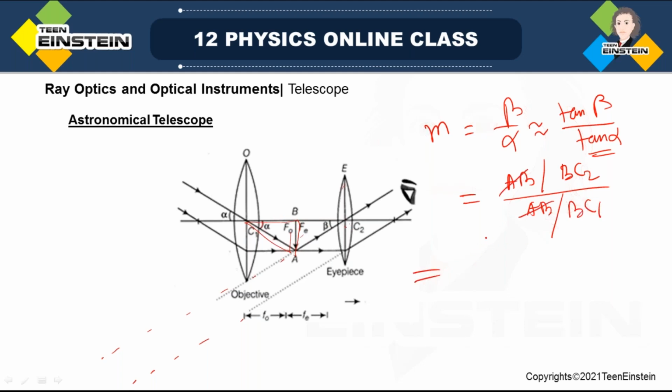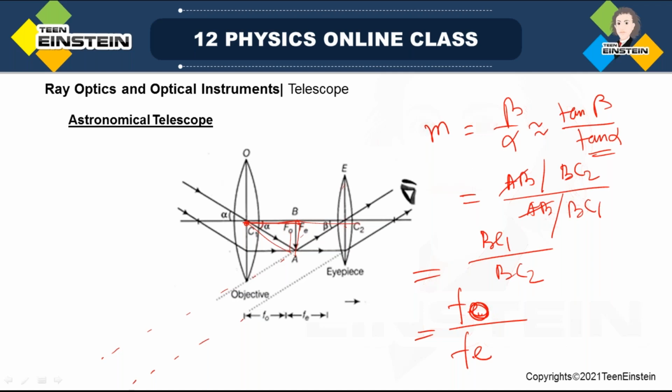Now look, AB will cancel each other, and then BC1 will go up and BC2 will come down. Now see what BC1 and BC2 are. BC1 is the focal length of the objective, and BC2 is the focal length of the eyepiece.